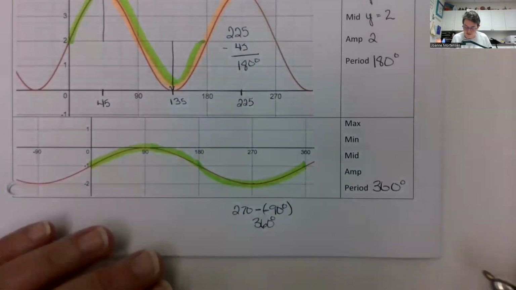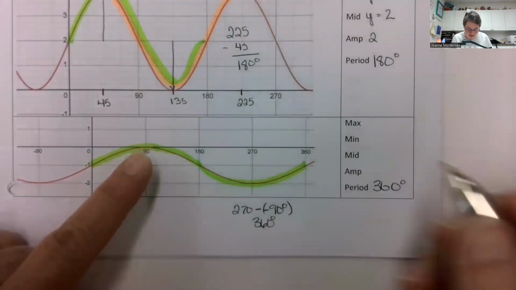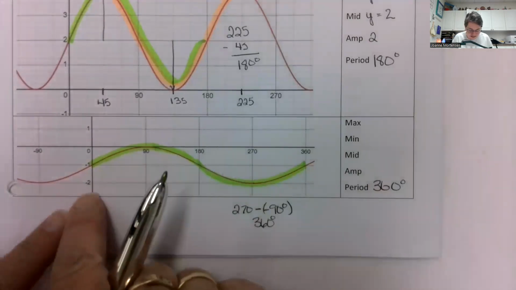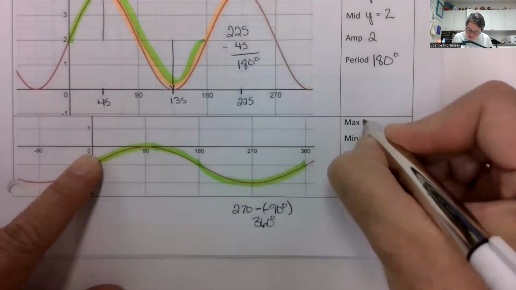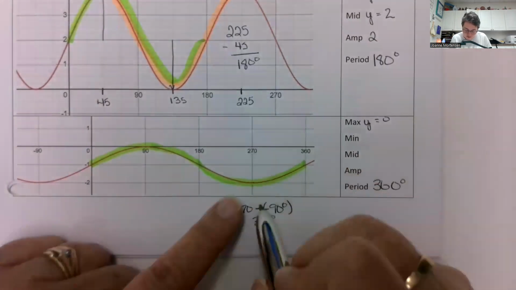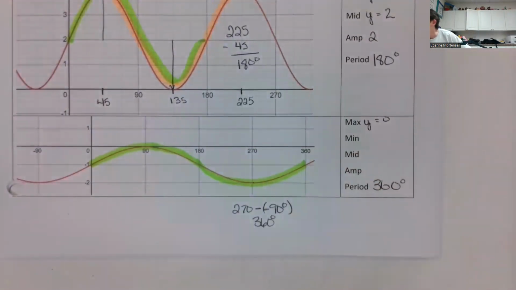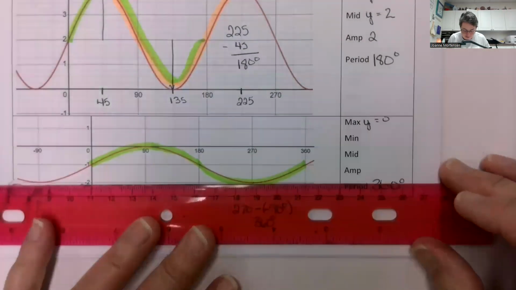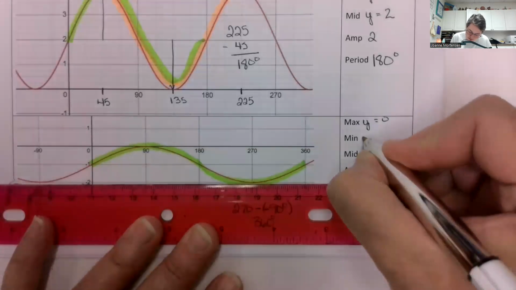Last one. Let's see, maximum, highest number. So we're going this way and we're reading this graph, right? We're reading this axis, the y-axis. So y is equal to 0. How low does it go? Okay, this is a low. Oh, wait a minute. This is nice. Y is equal to -2.